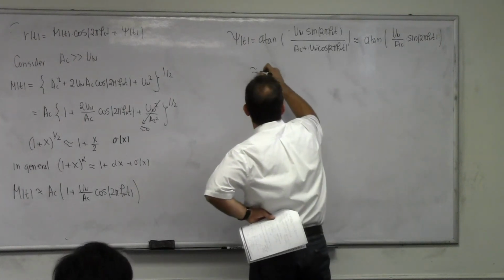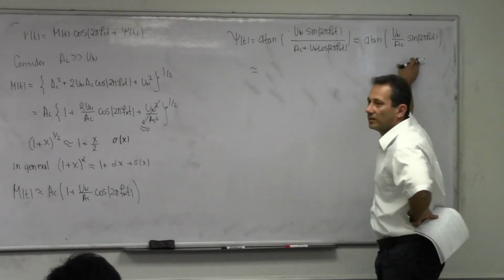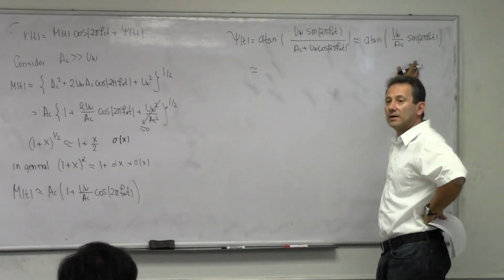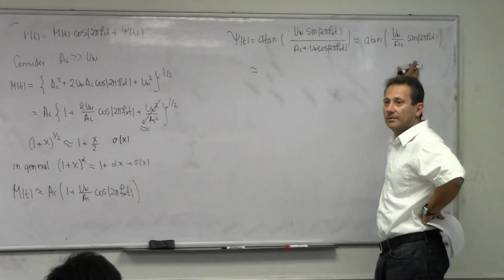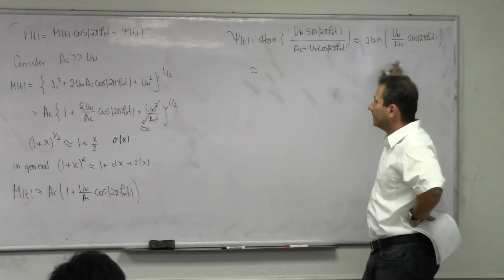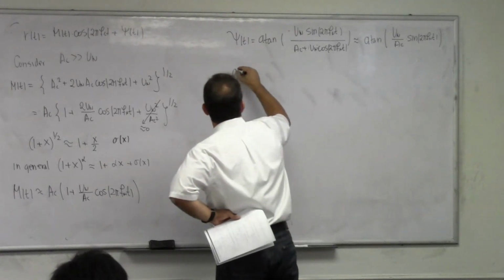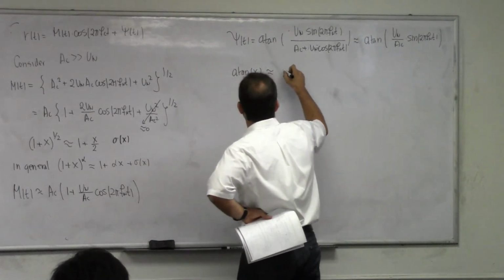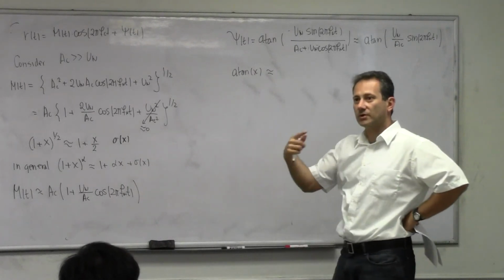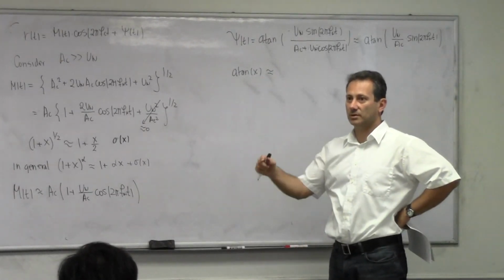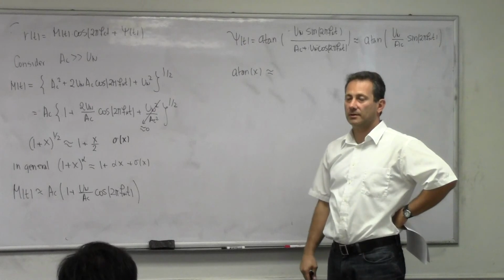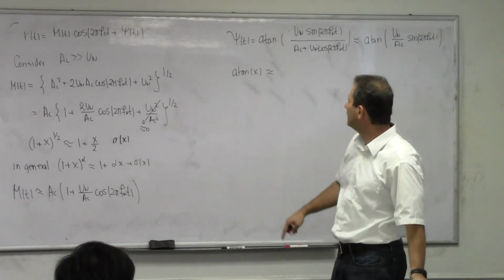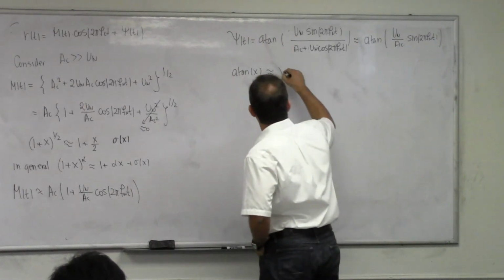Which is again approximately, what's arctangent of something small? Arctangent of x when x is small. Arctangent of x is approximately what? I know it's 0, but what's the first order approximation? Arctangent of x is approximately x.